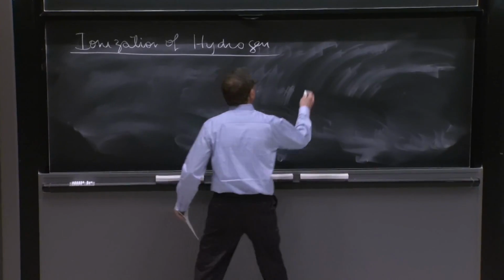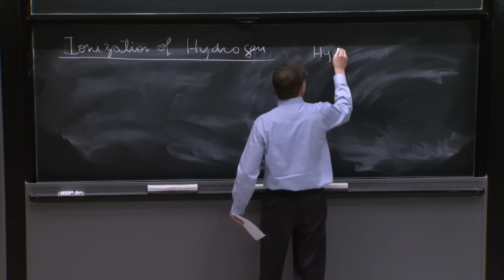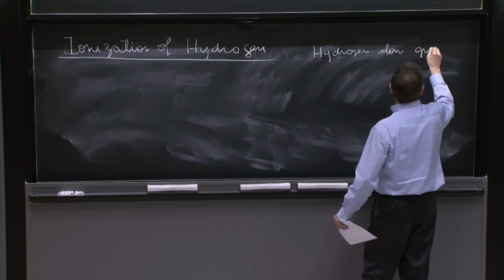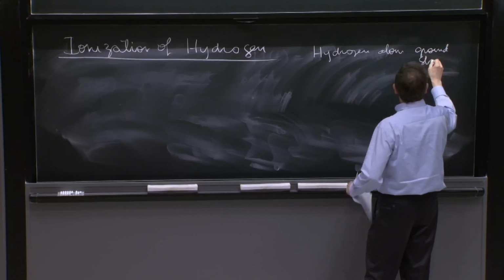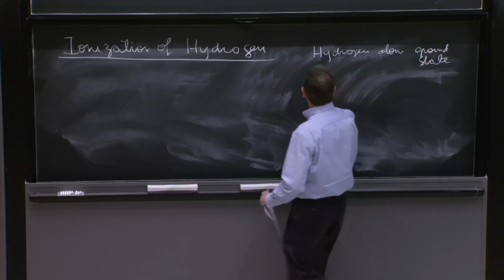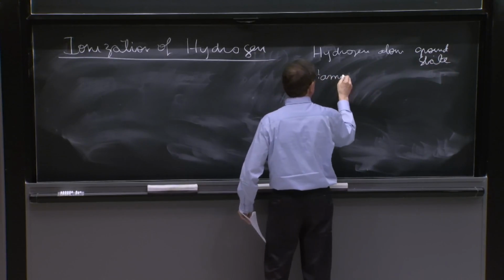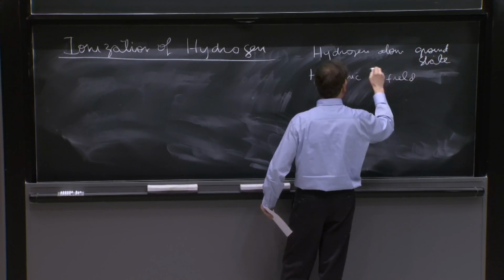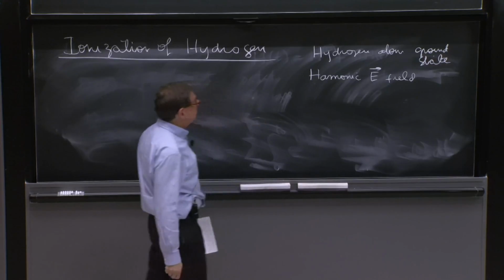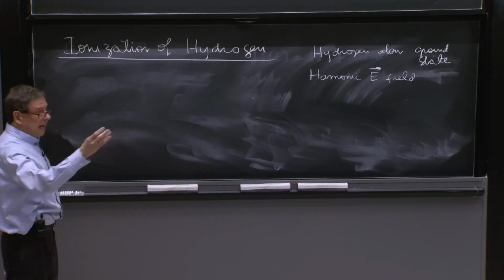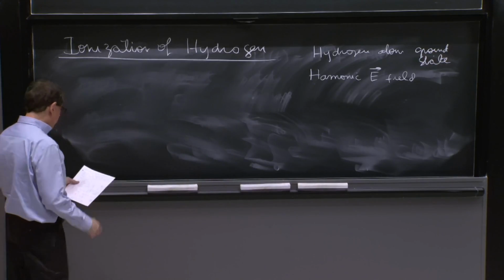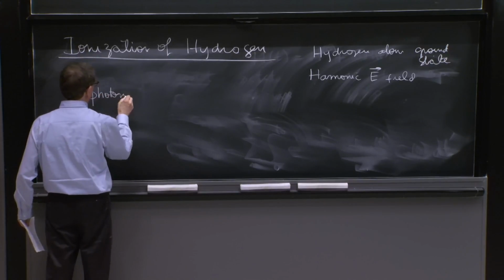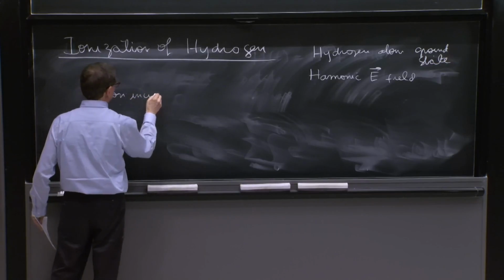So we'll have a hydrogen atom in its ground state, and then you have a harmonic E field, and the electron could get ejected. So typically you have a photon incident.